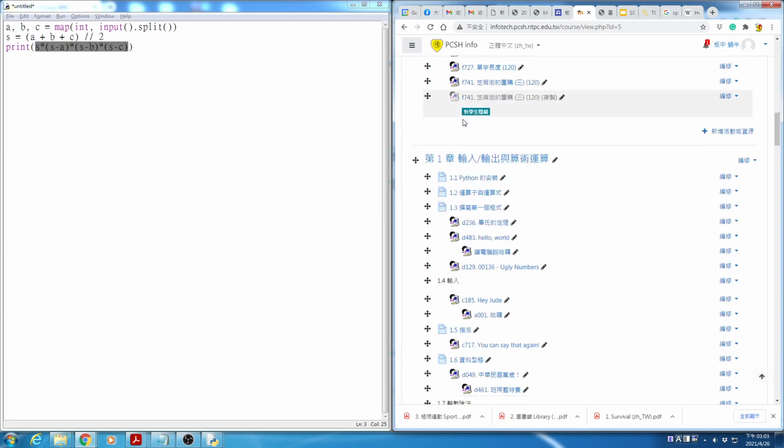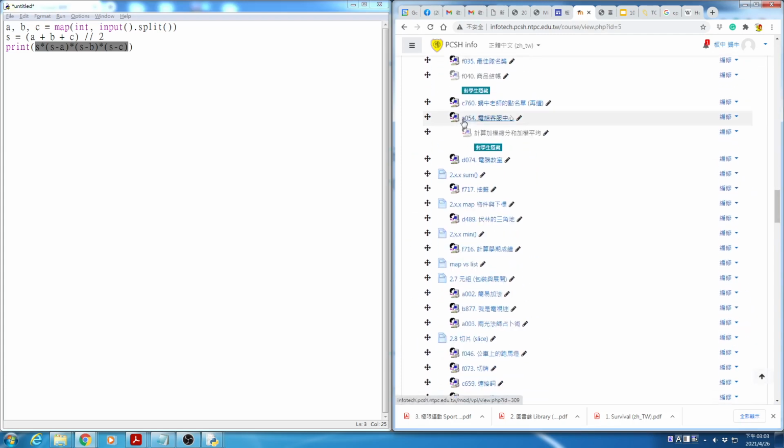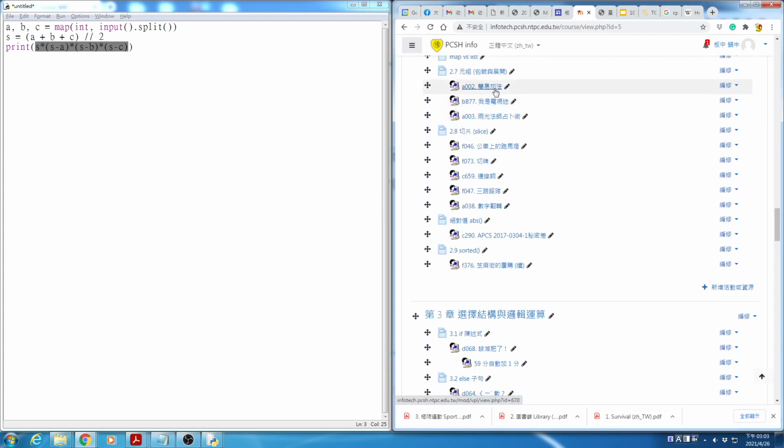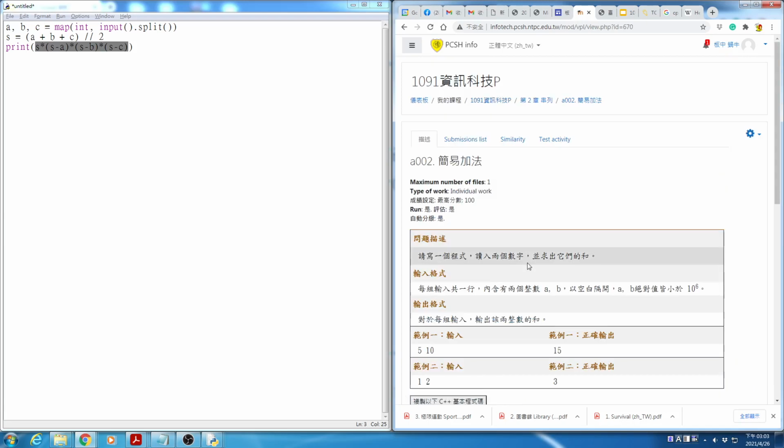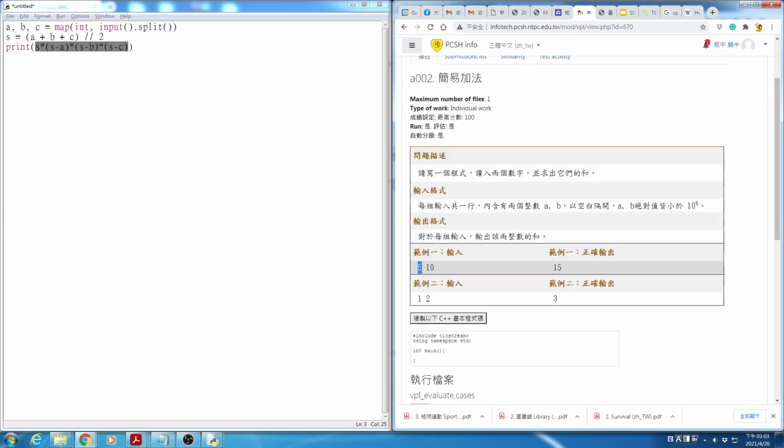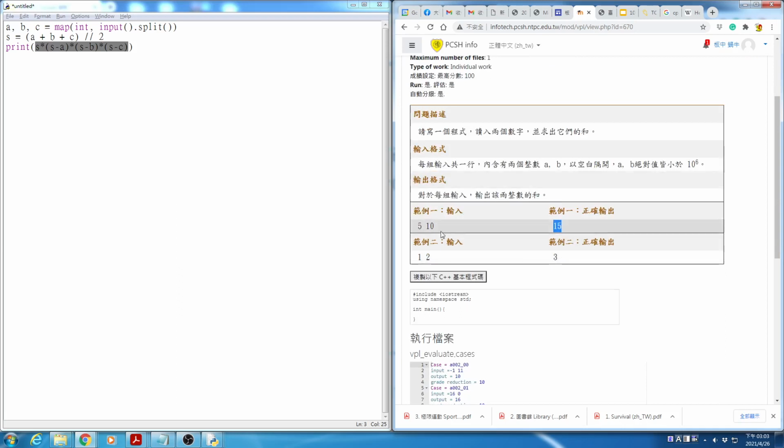Let me show you. The first one is the really easy one. I will give you 2 numbers, and then you need to give me the sum of it. Yeah, it is really easy. How do you solve this one?